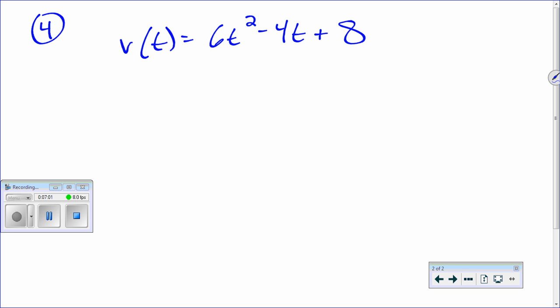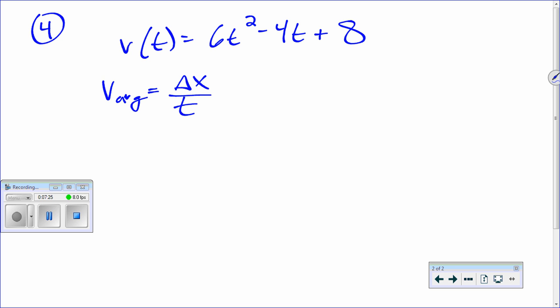Okay. Is the acceleration here constant? No. And we know that because if you take a derivative, you're still going to have t in there, right? Okay? So the only way that we can find v average is to find our displacement and divide it by the time.